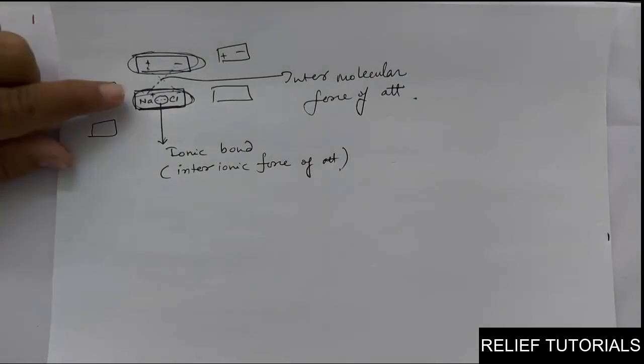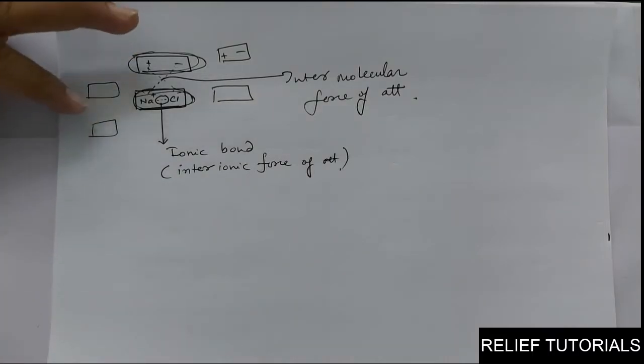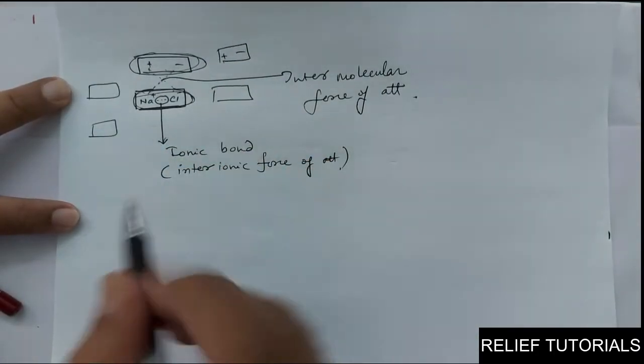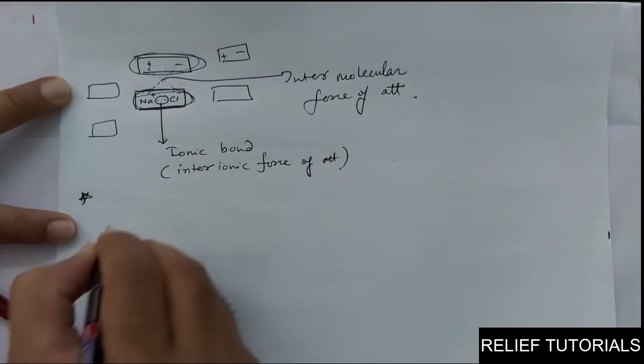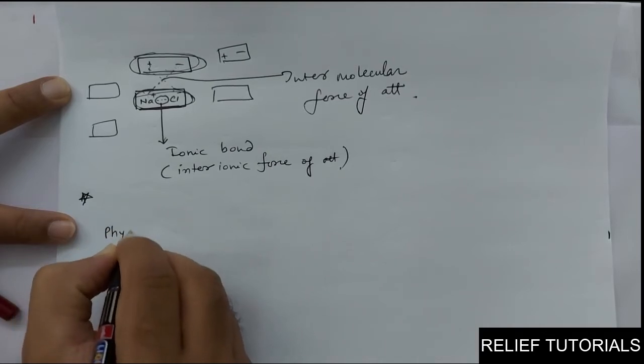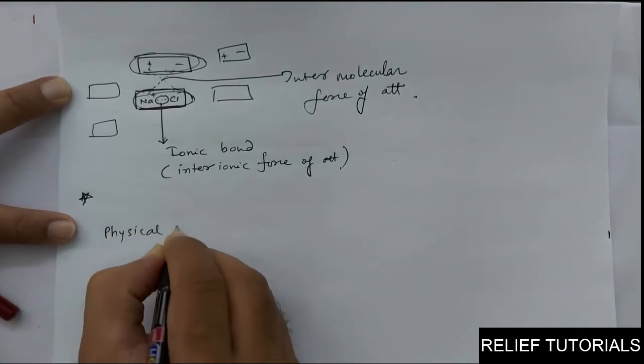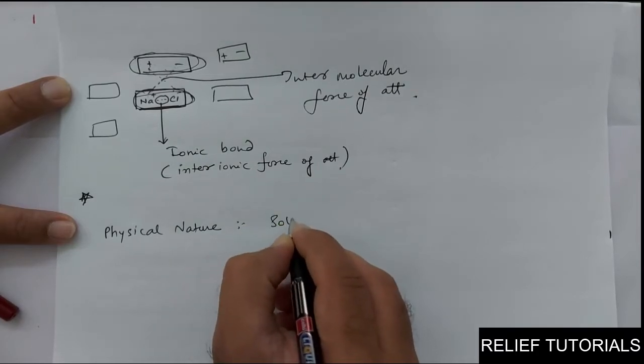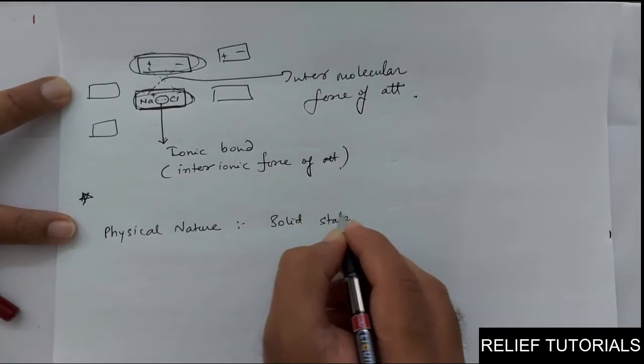This force is also very strong because the opposite charges are attracting each other, and due to such strong force of attraction between molecule to molecule, normally ionic compounds are available in solid state.